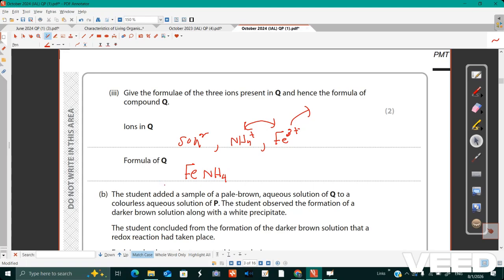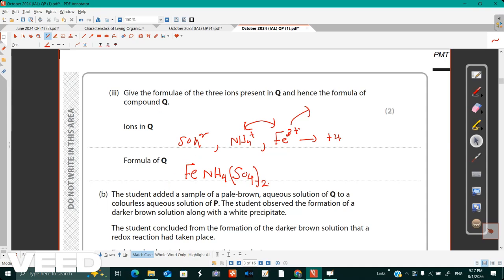We still haven't decided how many of each there are. Another one is sulfate. Fe3 plus and SO4 2 minus, and NH4 plus. Both cations are plus, so the charge must be plus 4. To counterbalance this charge, you must have what? Two of these sulfates. You have to come up with this. Then only you get a neutral compound.